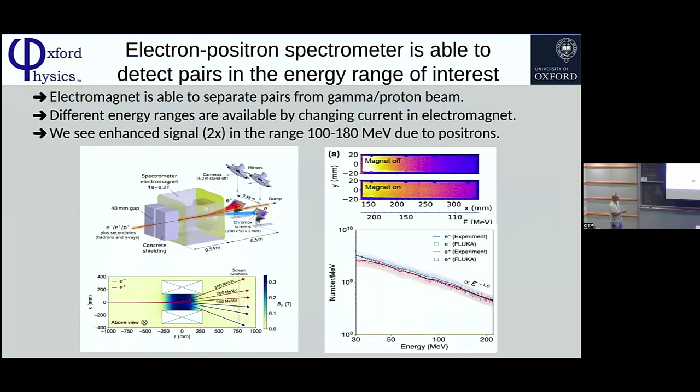Then we can compare the spectra that we measure of electrons and positrons with the prediction from the Monte Carlo code. And again, in the range that we can measure, which is between 30 and 200 MeV, the agreement between the measurement and the simulations is very good.